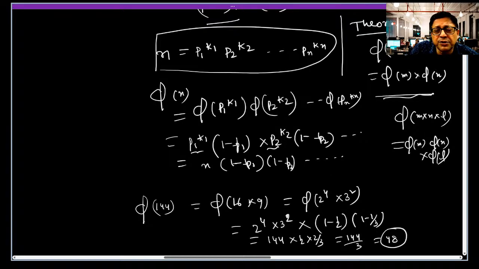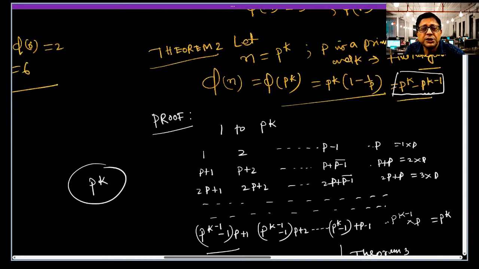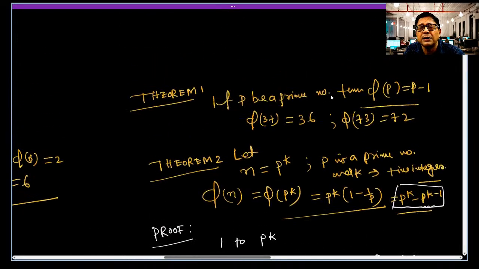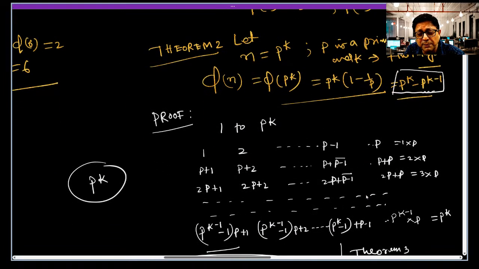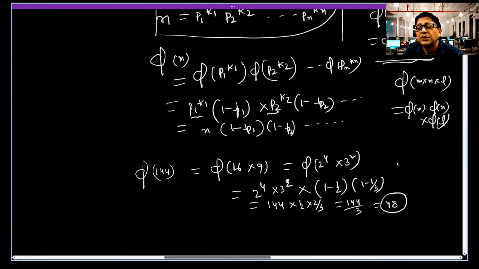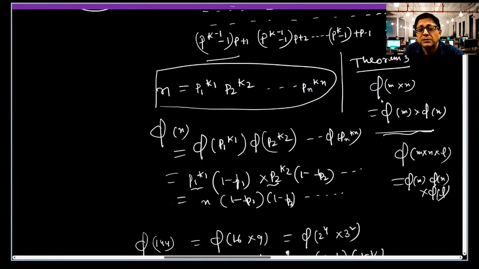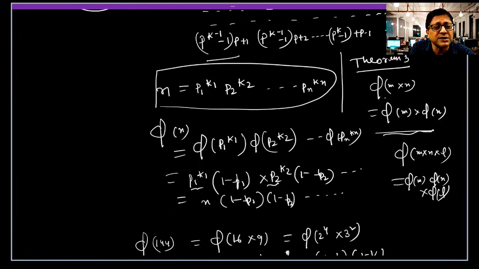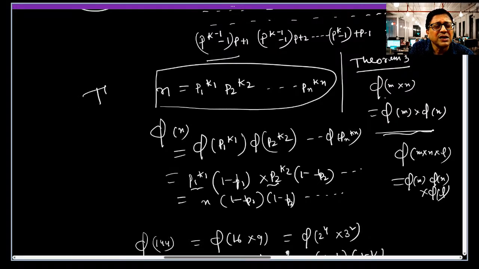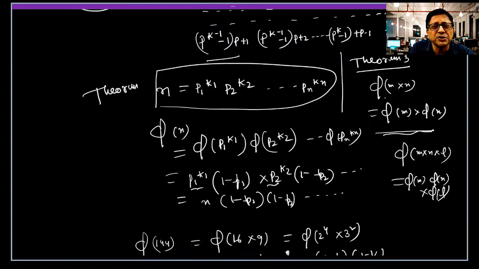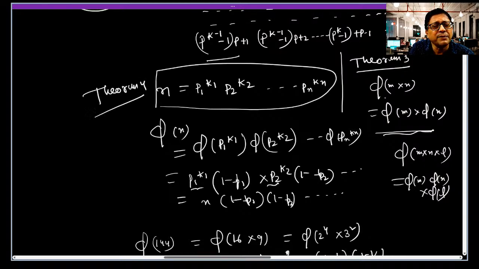So how many theorems have you learned here? 3 theorems. Number 1, phi of p is p minus 1. Then if it is p to the power k, it will be p to the power k times 1 minus 1 by p. And the theorem that phi is multiplicative, this also you can state as a theorem. Actually this is a continuation of the previous theorem 2, but still you write it because we are proving it and will be using it in solving problems.